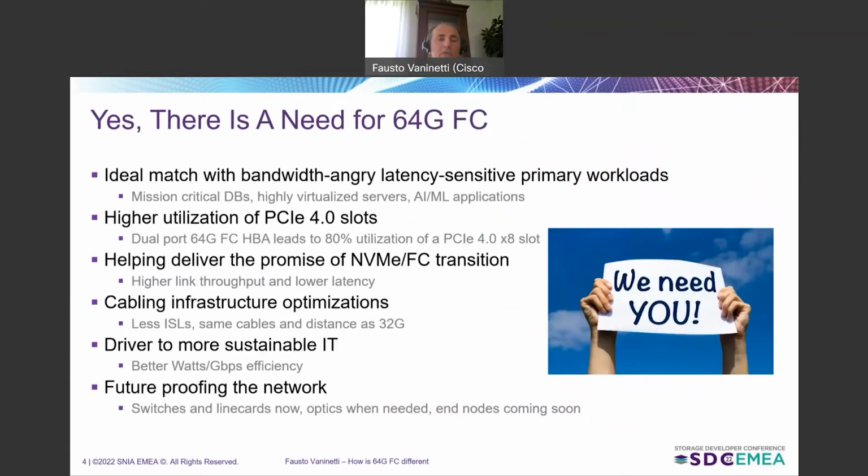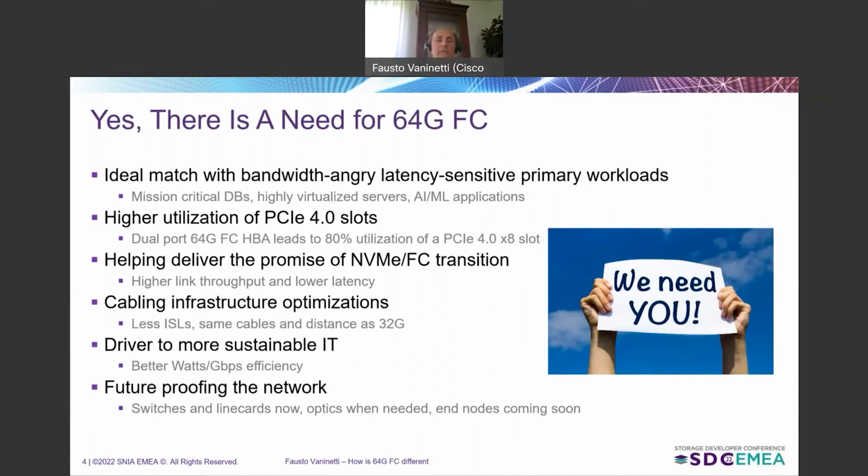So the first question I would try to answer is, do we really need 64 gig Fibre Channel? And the answer is yes. I'm not saying that everybody needs 64 gig Fibre Channel today, but most likely everybody has a desire to move to 64 gig Fibre Channel for the upcoming future.